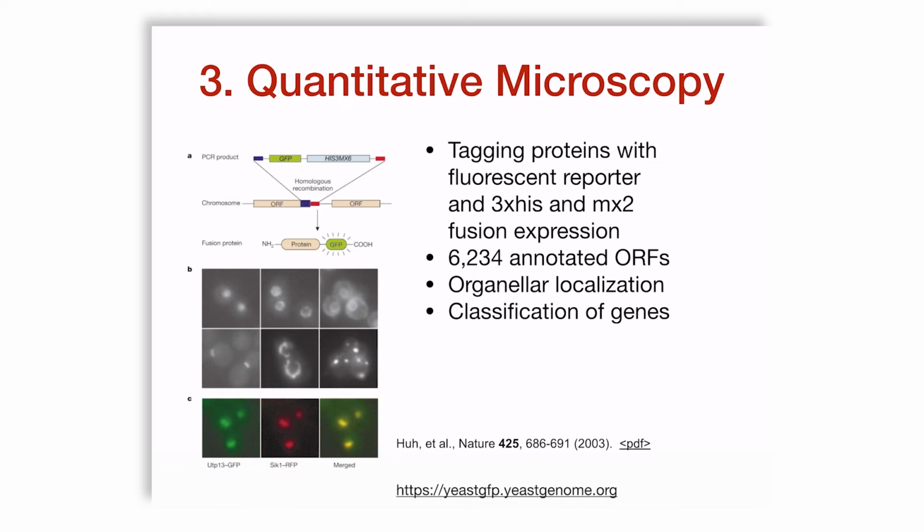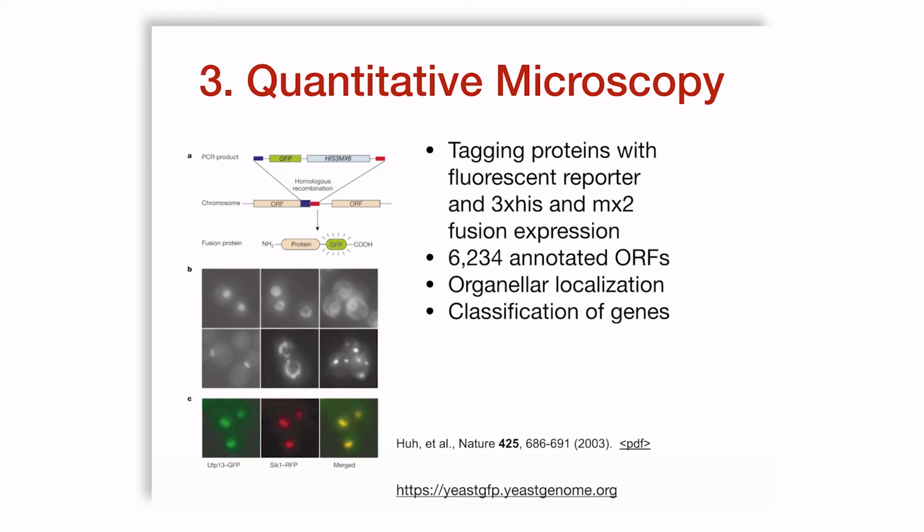The organellar localization and classification of genes then becomes very easy because you just look and you can find out. So, for example, in this image here, the gene of interest is tagged with GFP, the organelle of interest is tagged in RFP, and the co-localization shows that the two are exactly co-localized.